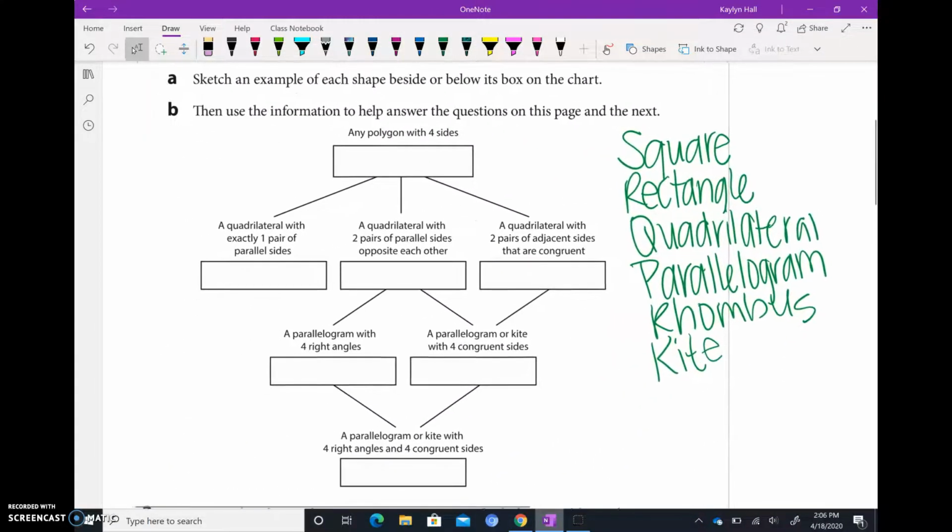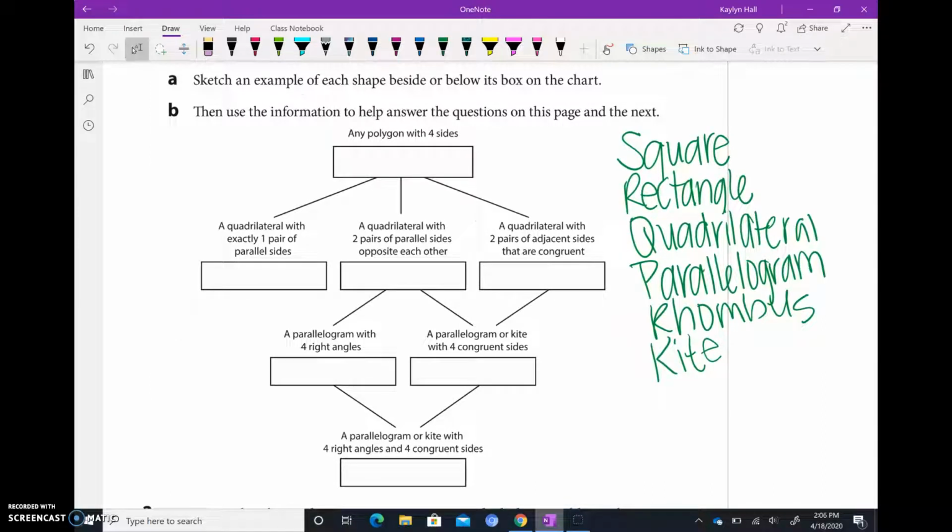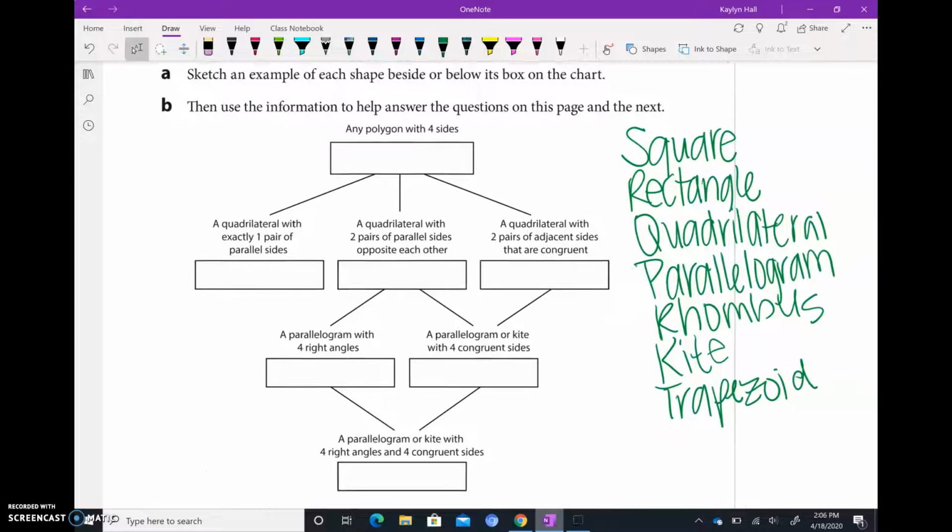Okay, we're going to use those words to fill in this chart. Oh wait, I missed one. Trapezoid. Alright, we're going to use those words to fill in this chart.